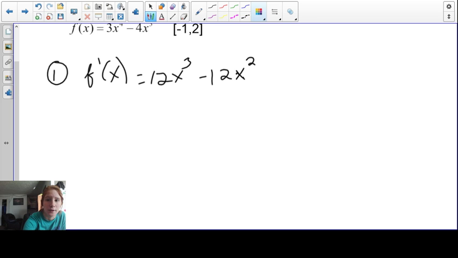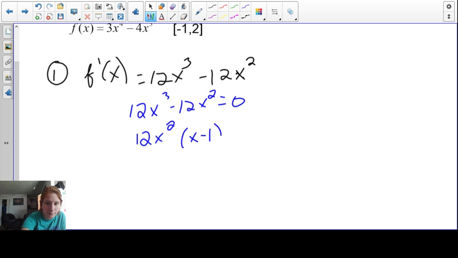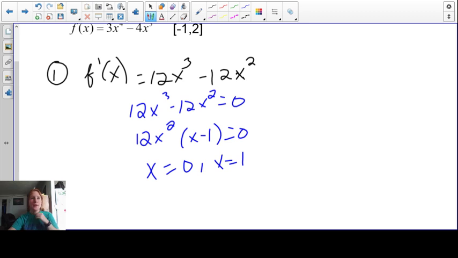Set that equal to 0. So 12x cubed minus 12x squared equals 0. Divide out my 12x squared. Left with x minus 1. So x is 0 and x is 1. So those are my critical points.